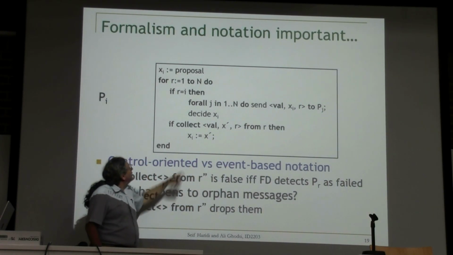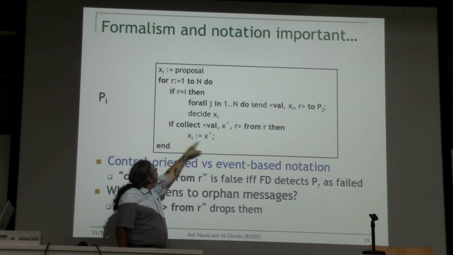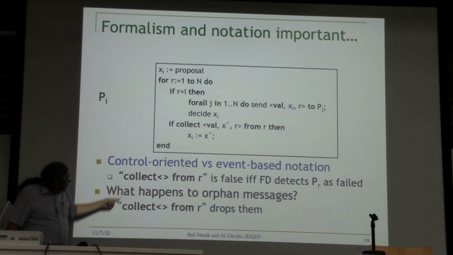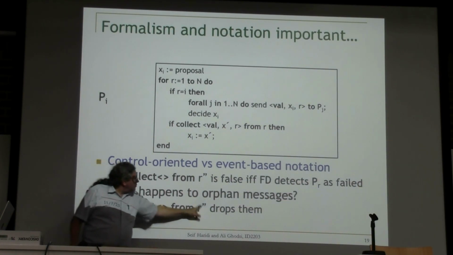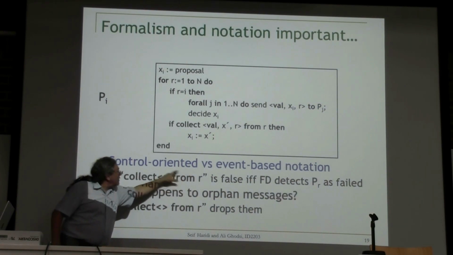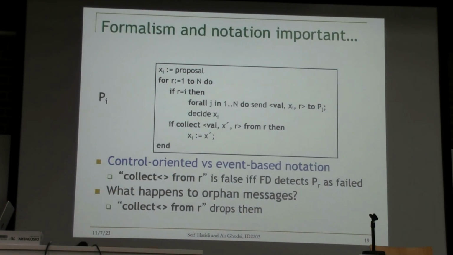It's like pattern matching, and the local proposal will be bound to x prime. Also, the collect will drop orphan messages. It will ignore messages coming from older rounds than R. So with this new collect instruction, the whole algorithm can be written like this. This is a distributed algorithm that's concurrent and fault tolerant, based on this very interesting collect instruction. So that's another way of writing these algorithms.